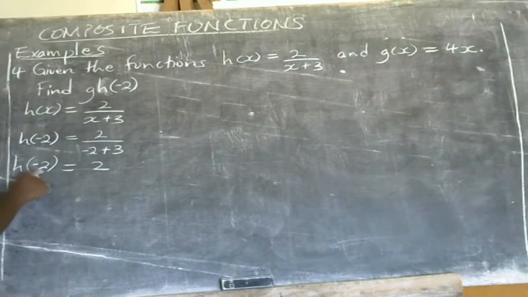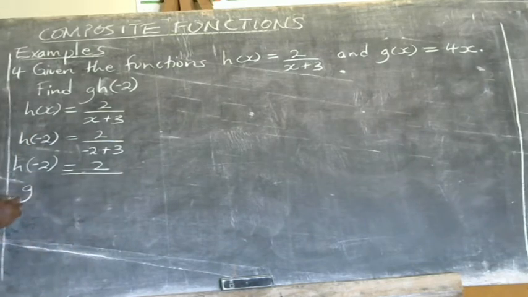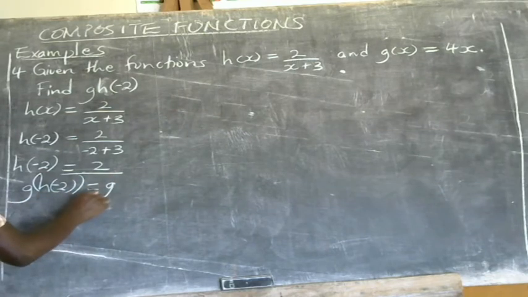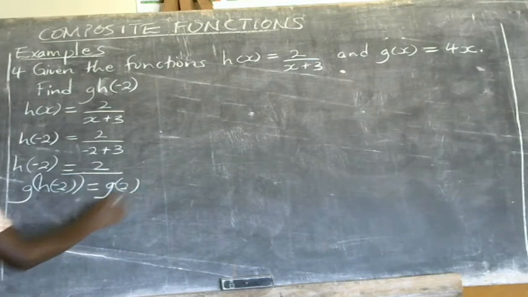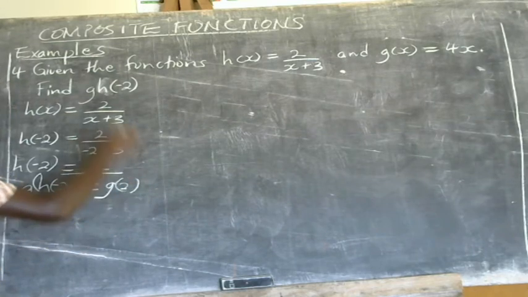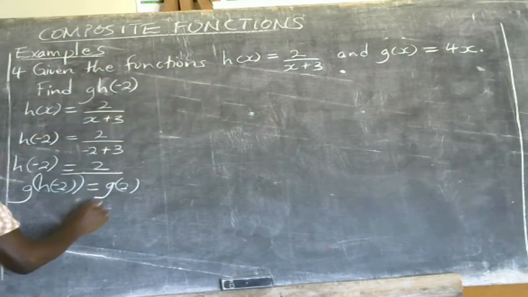So my h of negative 2 is now a 2. The question wanted g of h of negative 2, but now I've already got this h of negative 2. So now it is g of, instead of h of negative 2, I'm going to put there 2. Then I substitute this 2 into the function g of x.